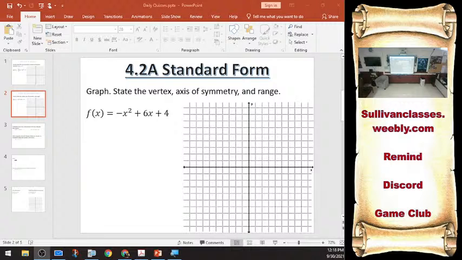Made it nice so you don't have to deal with fractions at least. Your range: is it a happy parabola or a sad parabola? Will it open up or down?